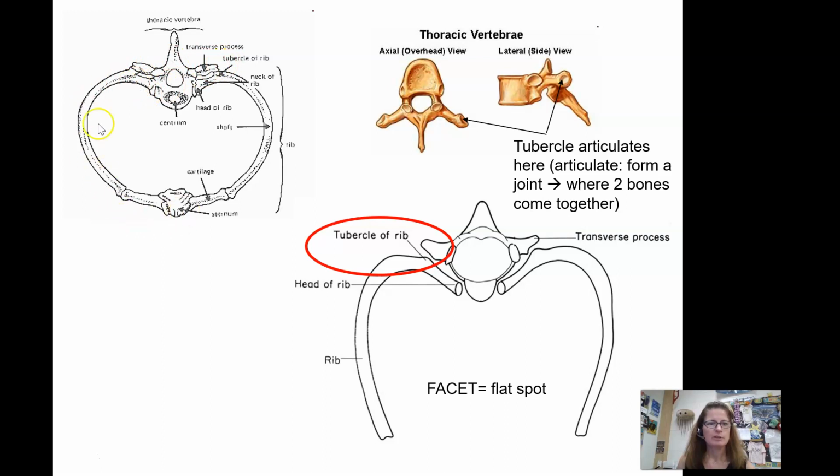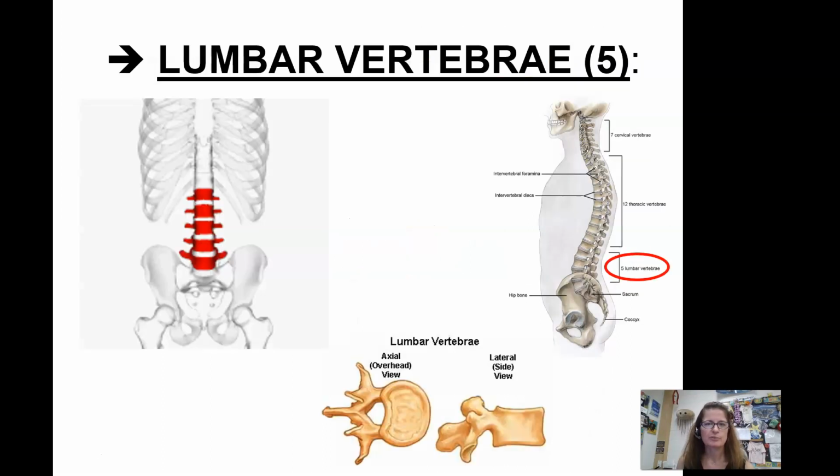Here's the rib coming around the sides, and you can see this little bump right here connecting to the transverse process. Here's the little bump, the tubercle, joining up or articulating with the transverse process. That's what's making up your rib cage. You will need to know this definition: articulate means to form a joint, or when two bones join together.